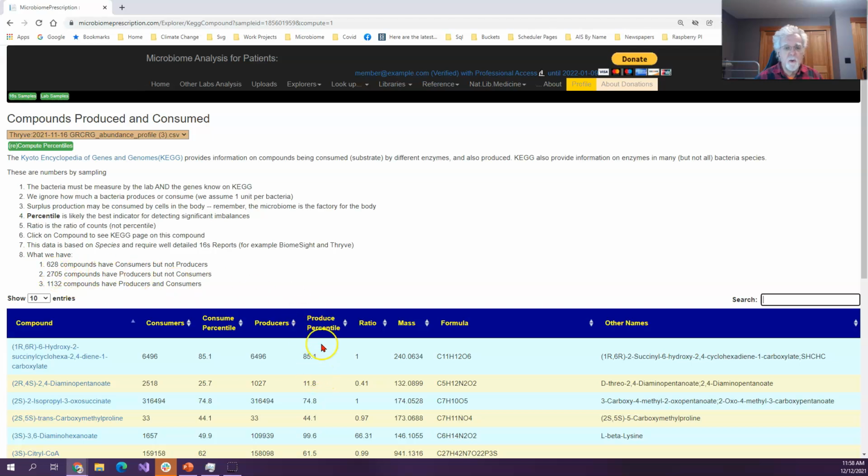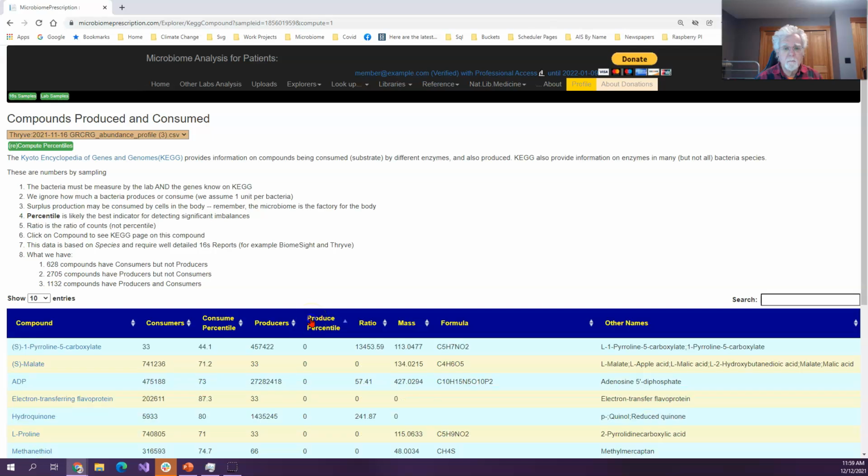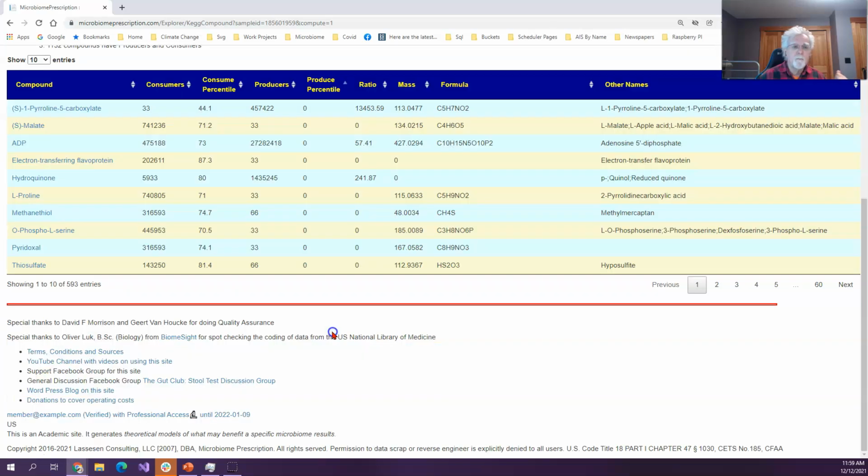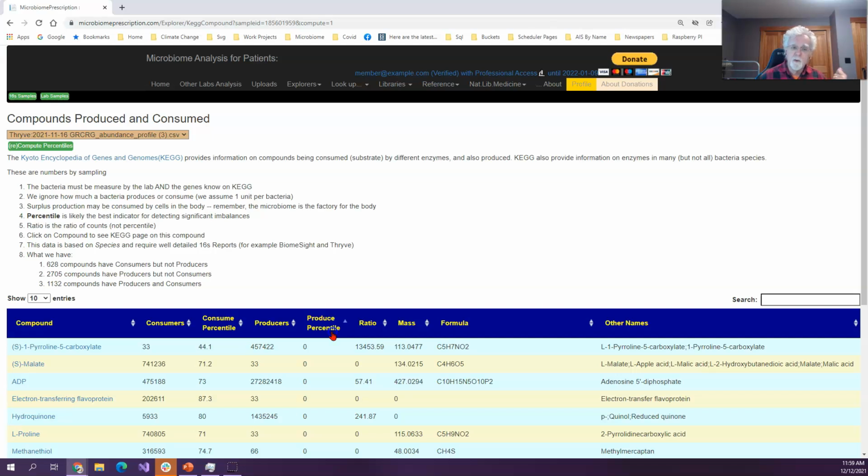In some cases you'll come down and you will see that they are producers, and that the percentile actually comes in as a 0, because we have nothing there. There are also cases where you will have data in one and the other one may end up being a blank or something along that line, and it's because, again, of the spotty knowledge. Okay, so that's basically it. A few things I wanted to double check, but I think that will give you an idea of what the new features are.